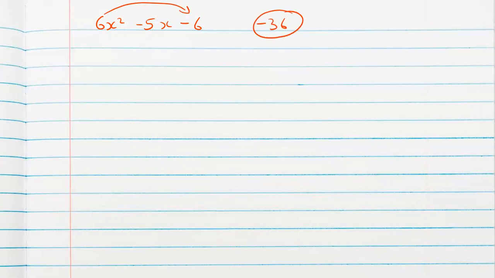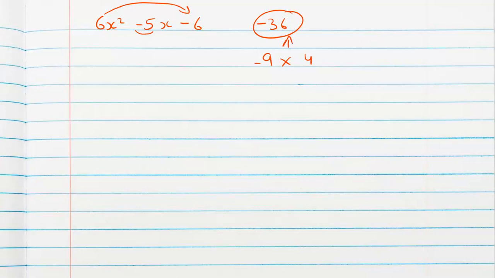So we need two factors of this whose sum will be negative 5. So again the numbers will be 9 and 4, because they gave us 36, but we need negative 36. And I explained, when both the signs are negative, the bigger number will be negative. The bigger factor is negative 9. Negative 9 times 4 is negative 36.